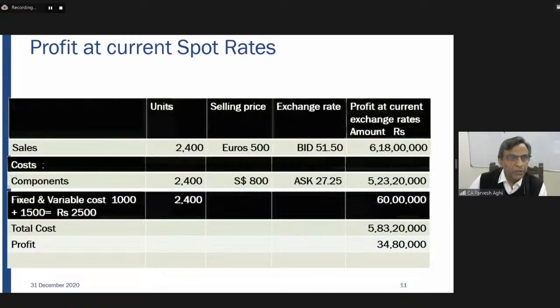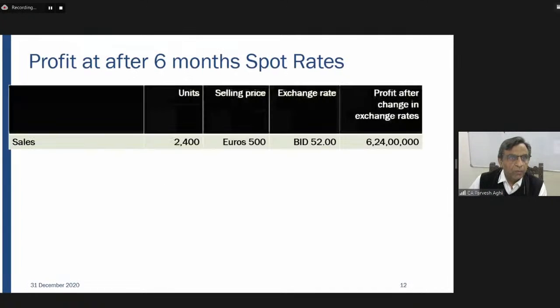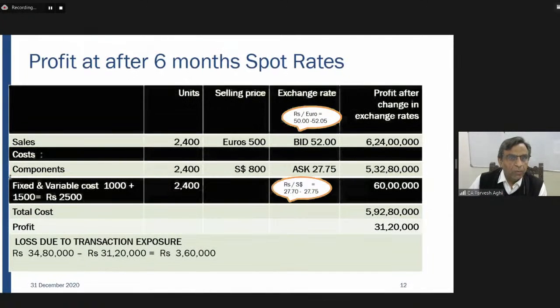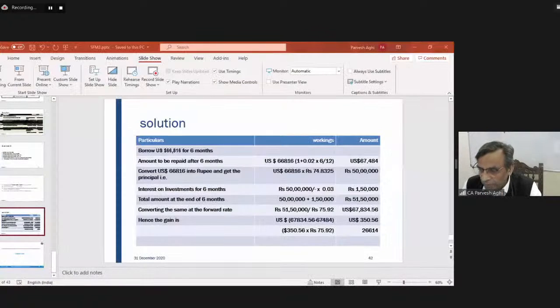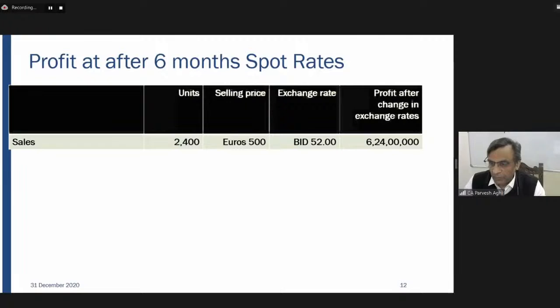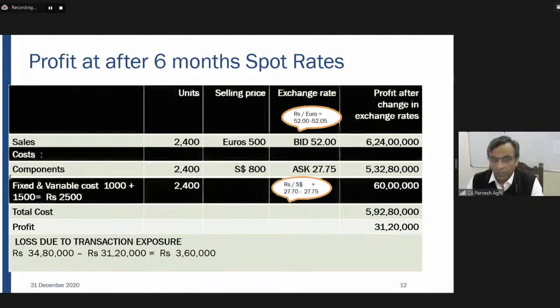So let's go back to the question. Okay, so I'll just make a change here, some typo error. So 52 rupees is applicable for the bid rate, and the ask rate is 27.25. Okay, so that's it.